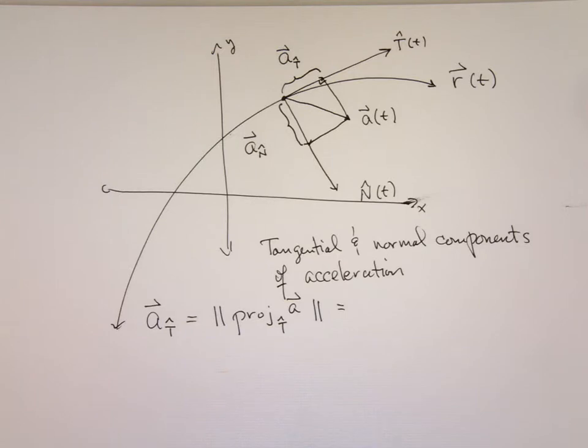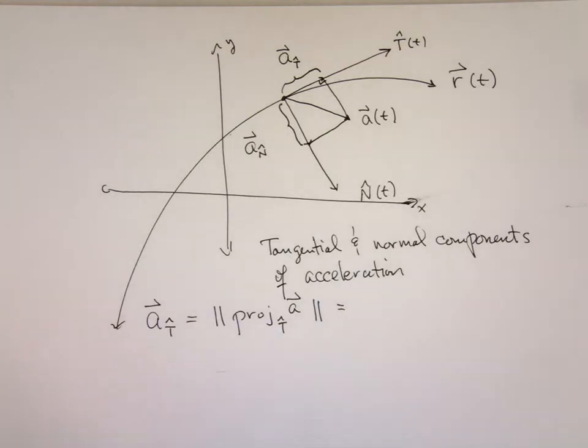Now, what's the magnitude of a projection of one vector on another? Dot product divided by magnitude squared? Good, except for one thing. That's the whole projection. The magnitude of the projection is the dot product divided by the magnitude of the vector projected upon, not squared. It's already in the vector.